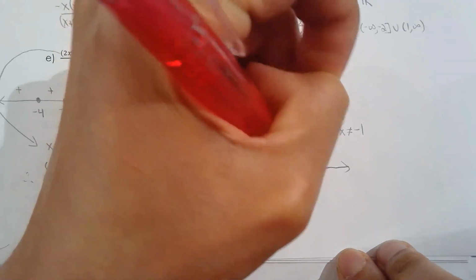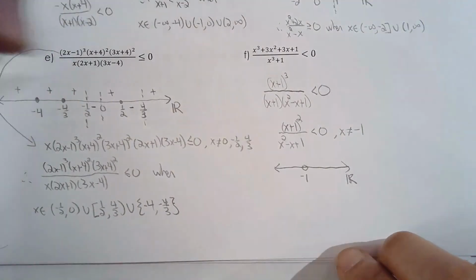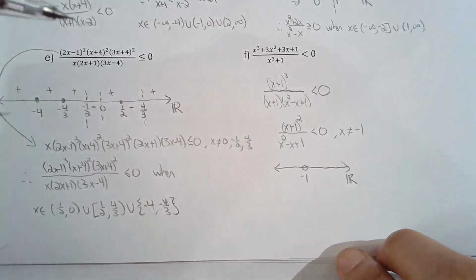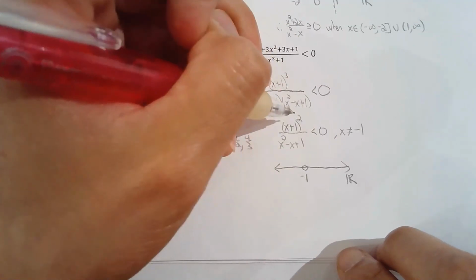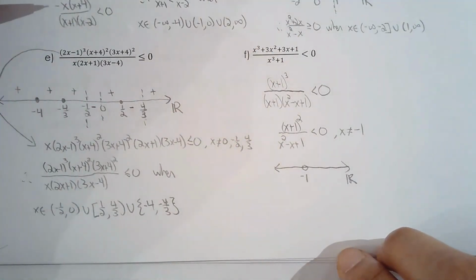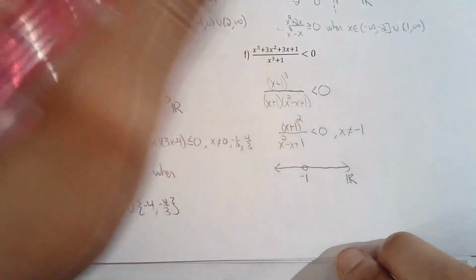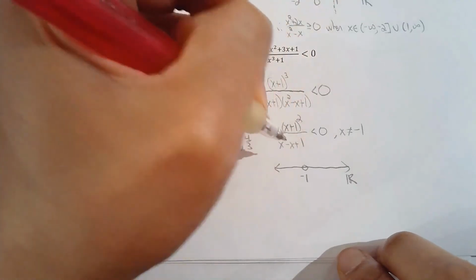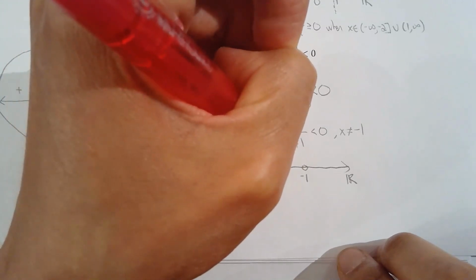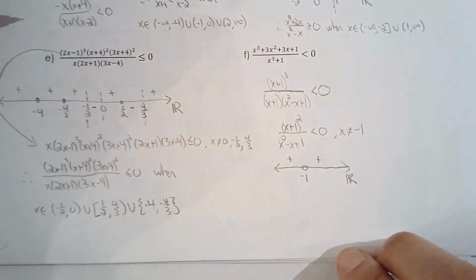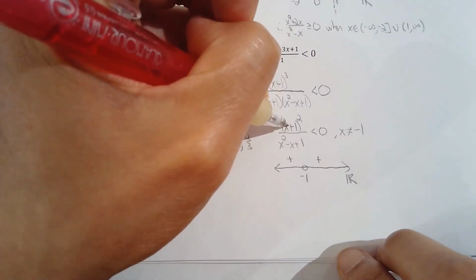So this is one of the rare situations where the function will not change signs as you pass the hole, because the hole is on the x-axis. And we are bouncing off the x-axis here. If you can imagine this graph, you're not going to change signs. So this is positive, this is positive.